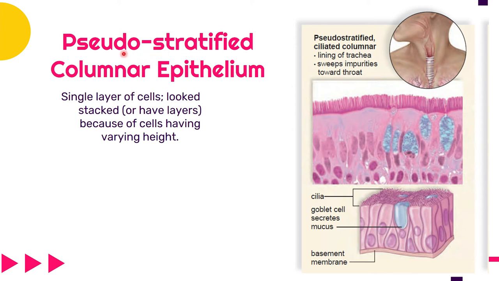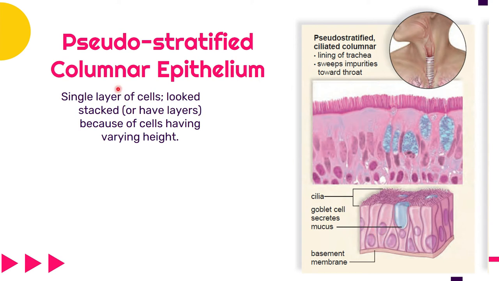Meaning, this epithelium is not stratified. It is called pseudostratified because when you look at it at one glance, it seems to have many layers. But actually, it is only composed of one layer. So what makes it look like it has many layers? That is because of the nucleus of our columnar cells.